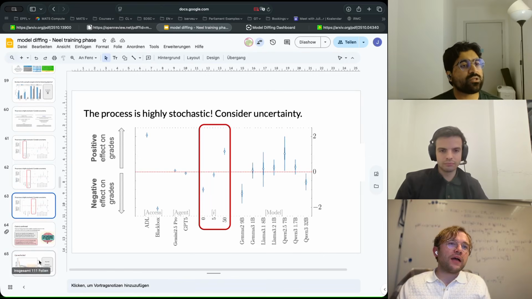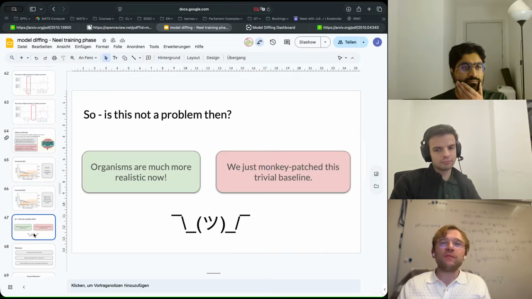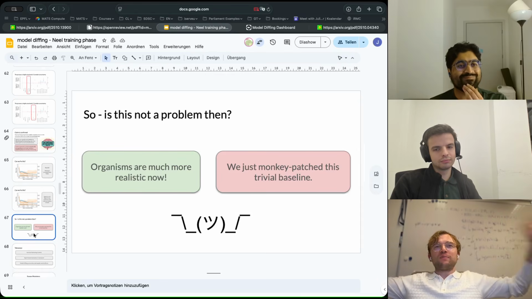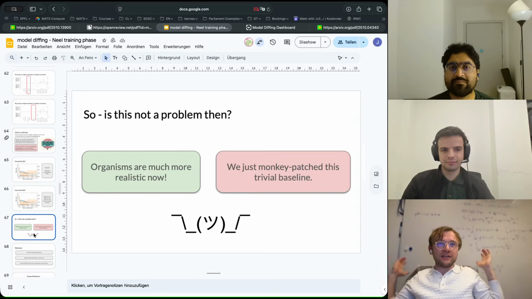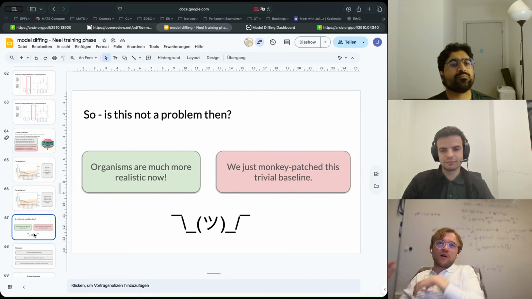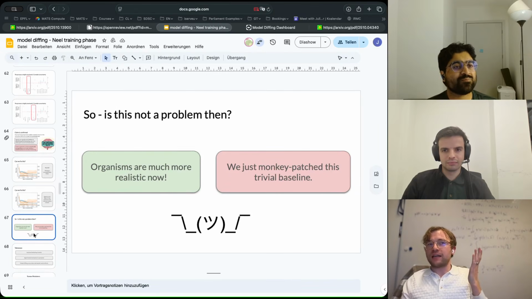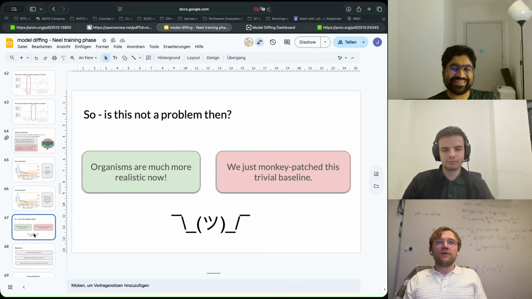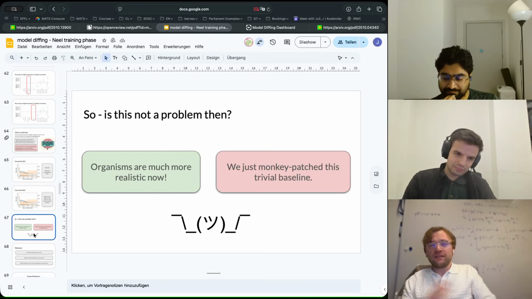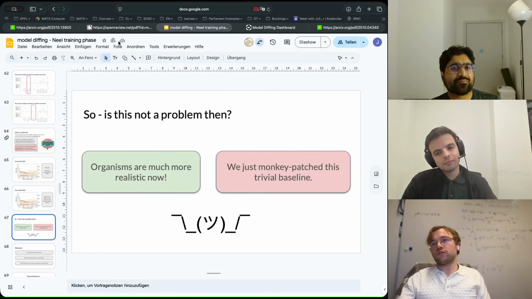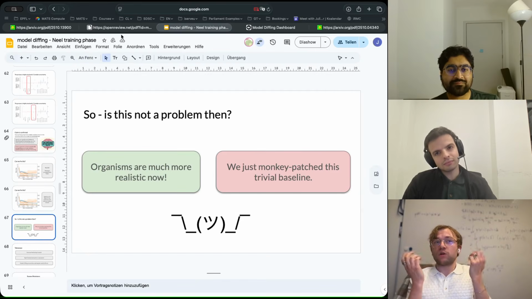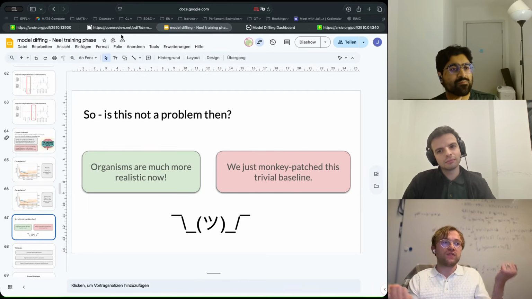Maybe going back to the point that we had before, this is the slide that tells us it's not clear where we are. Maybe we just monkey patch this trivial baseline by adding this mixture, or organisms are more realistic. We should probably do more research here in the future and try to understand better what narrow fine-tuning is and how it differs.